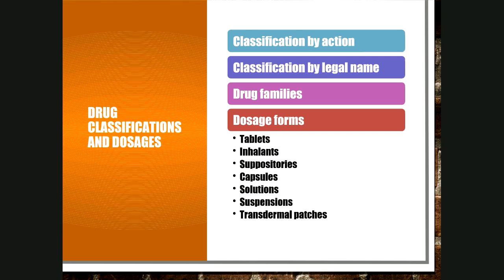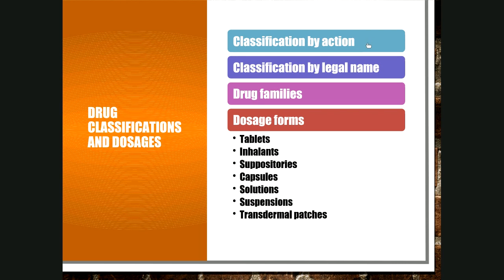When we look at the different drug classifications and the dosages, this is found on page 254 and 255, but they talk about that drugs can be classified by their name, by their action, or by their method of legal purchase. So they can be classified by action according to this slide here. If they have similar chemical actions, they're grouped into categories called drug families when they're classified by action.